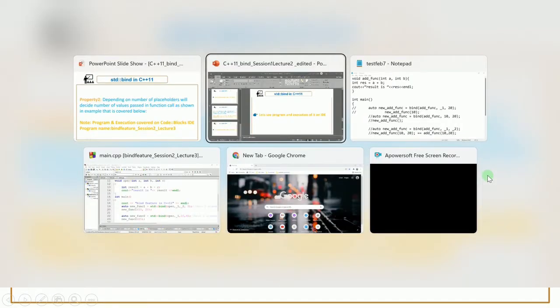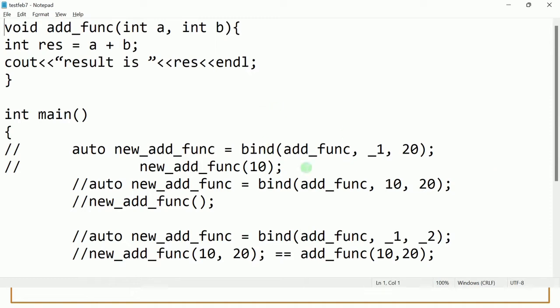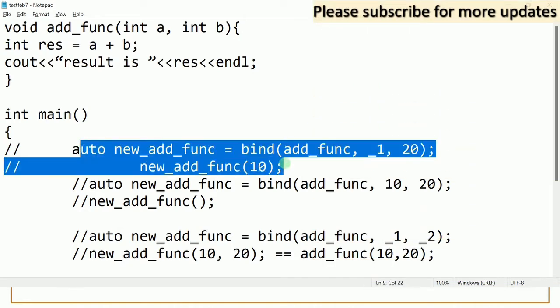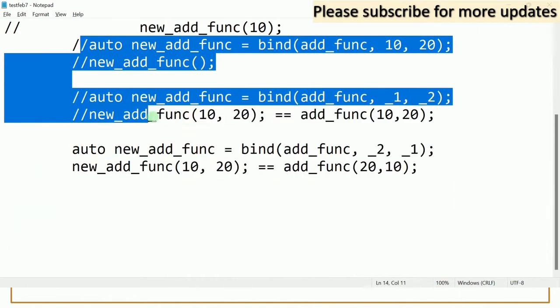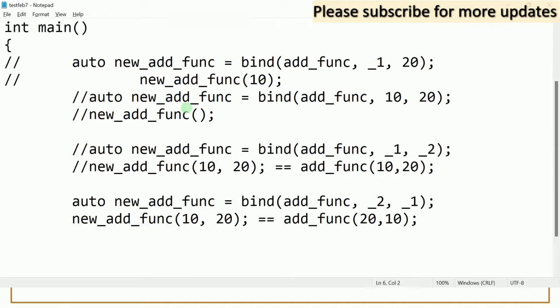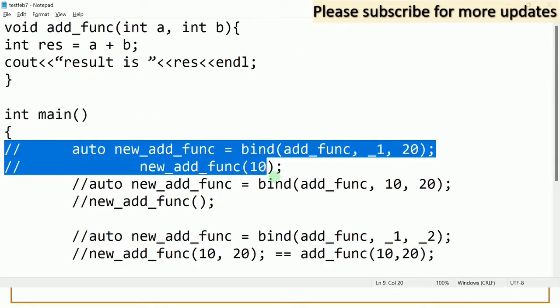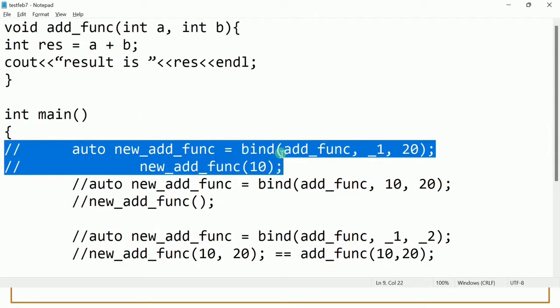So this I already have shown you earlier. Number of the placeholder, for example, this is _1. If you just execute these two lines of instructions and don't execute the other lines, you can see when you call the bind function, this is the function to which it is binding. This is add_func.